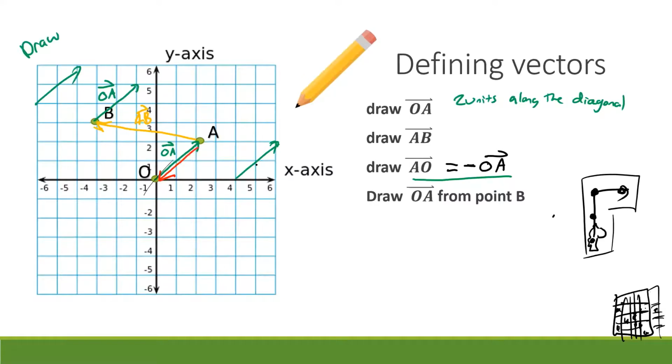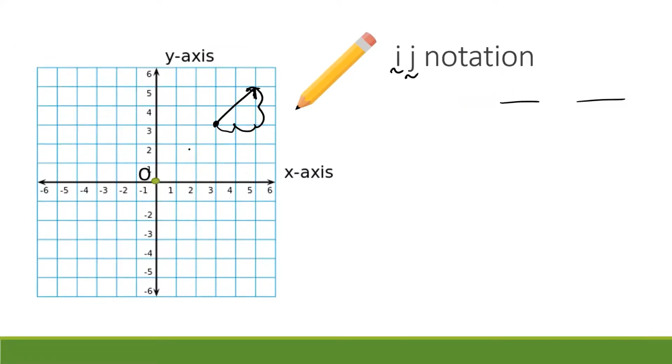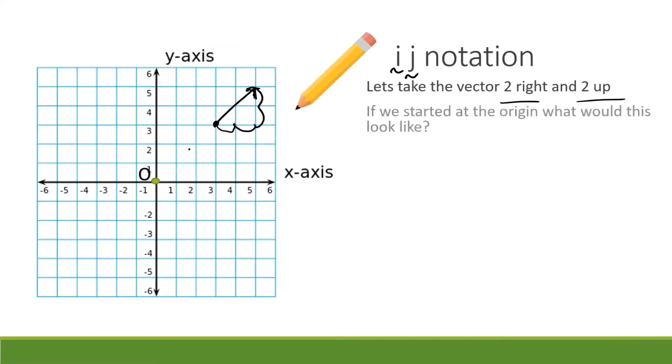So here, if we look at OA, we go 2 to the right and then 2 up. So that's just a different way we can refer to it. If we start at the origin, what would it look like? Well, it would look like this. 2 to the right, and 2 up, gets me this point here. That was the vector 2 to the right and 2 up. That's what it would look like.